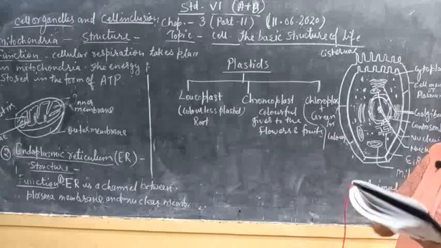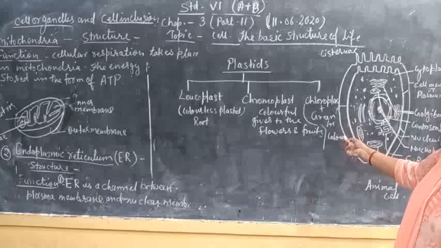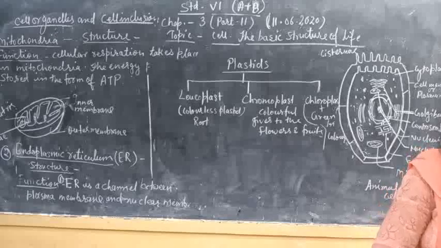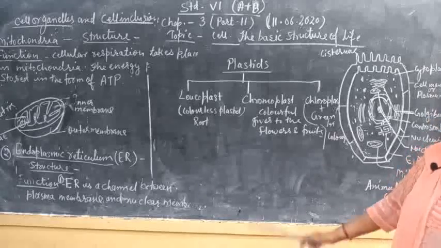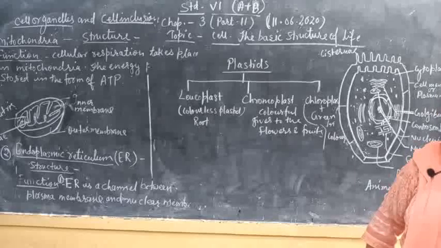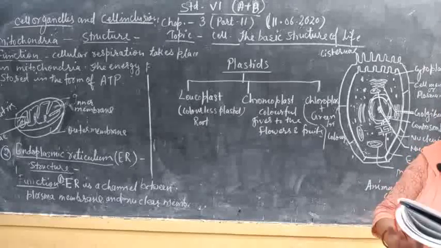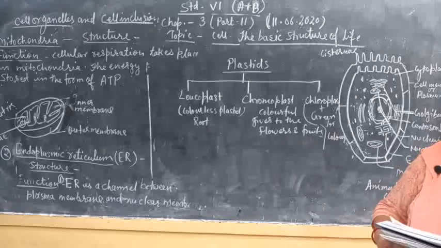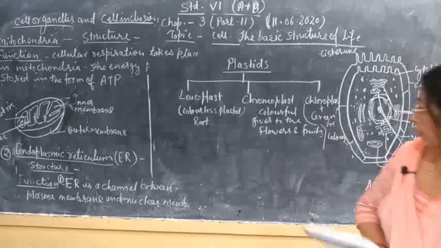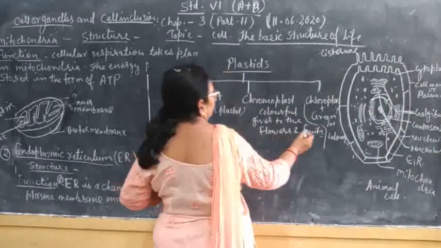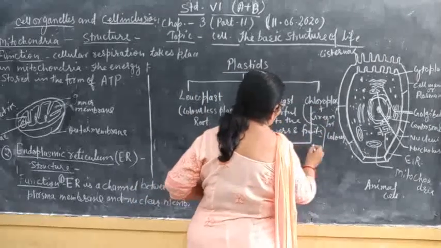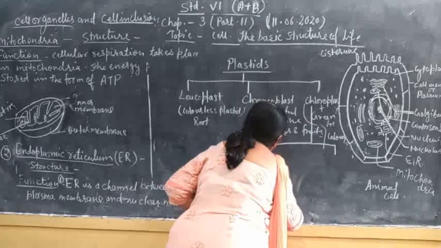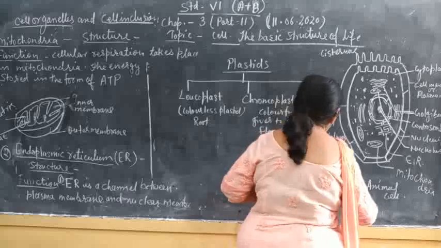Chloroplast has chlorophyll, a green pigment. In the presence of the green pigment, it traps sunlight and performs photosynthesis. Chloroplast has two parts, granum and stroma.